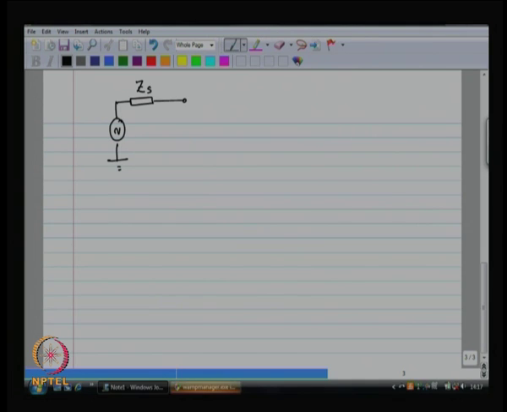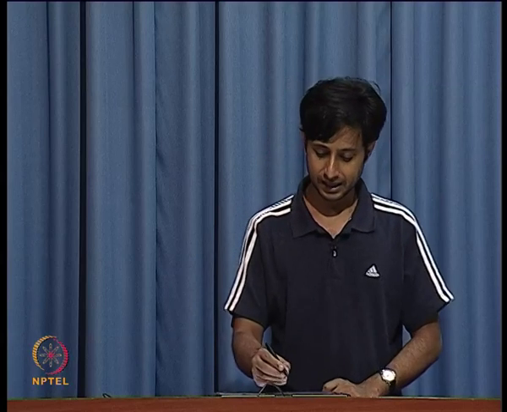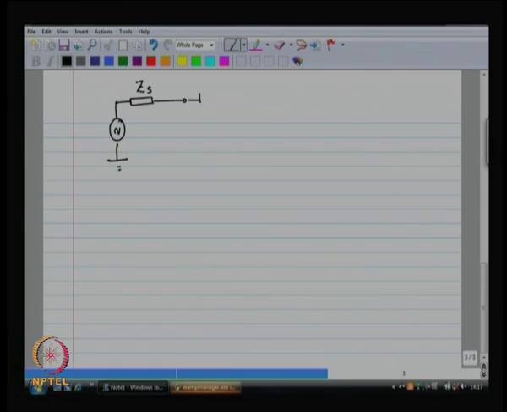It is likely that this is going to be resistive, but let us not think about it.